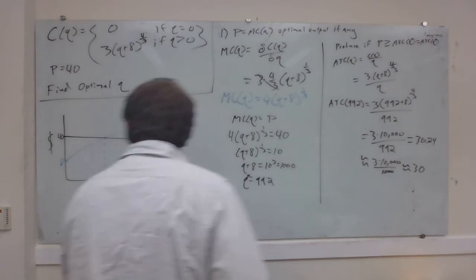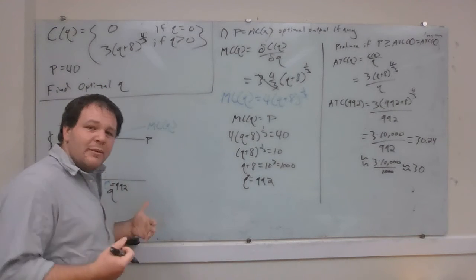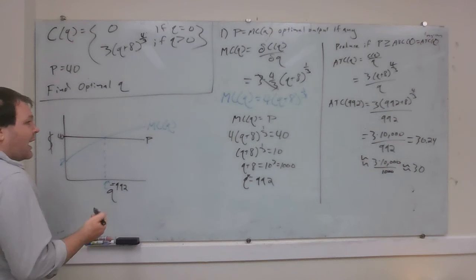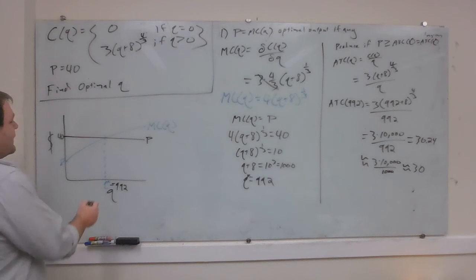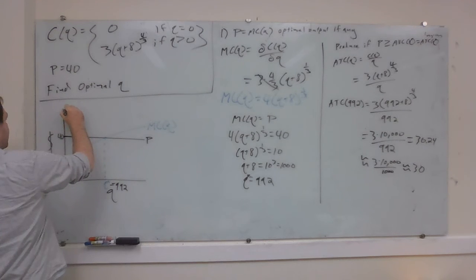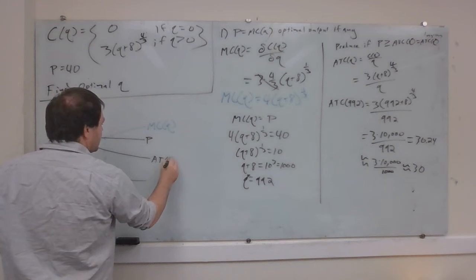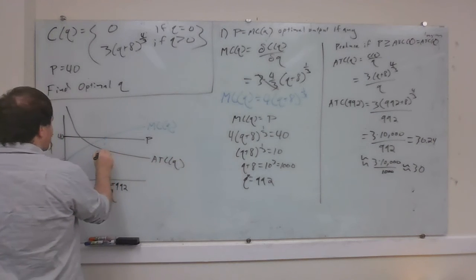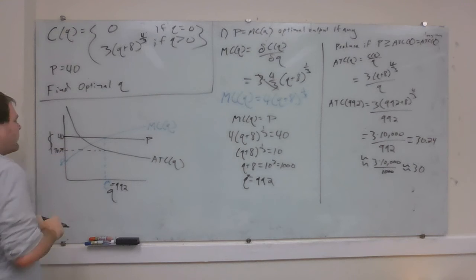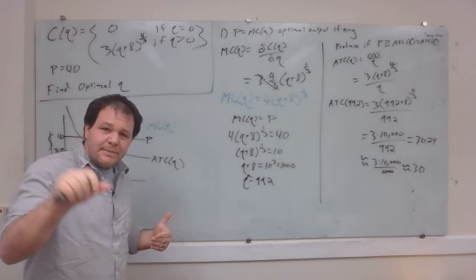Our average total cost, in other words, is still going to be increasing, it's an increasing function of Q, but we're going to end up with an average total cost that is below 40, looks something like this. It's going to be at 30.24 when we're producing our optimal level of output. This makes sense?